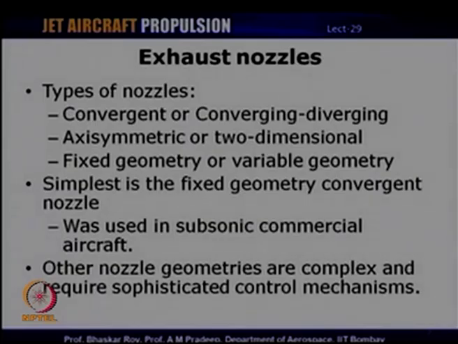It was used in subsonic commercial aircraft, but it has a lot of limitations in terms of its ability to operate under various operating conditions. Now, the other types of geometries, wherein one has to have a variable geometry or convergent divergent, all of them are much more complicated than the simple fixed convergent nozzle, and also if one has a variable geometry, it will require sophisticated control mechanisms to vary the area.